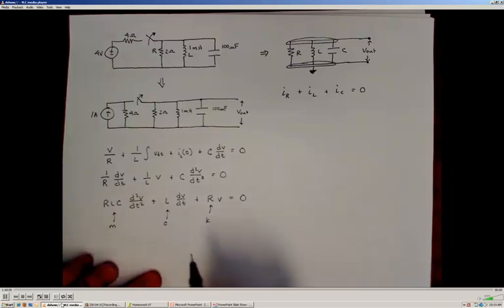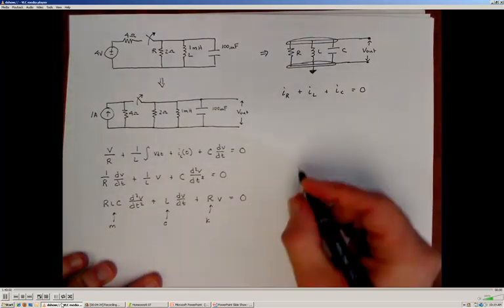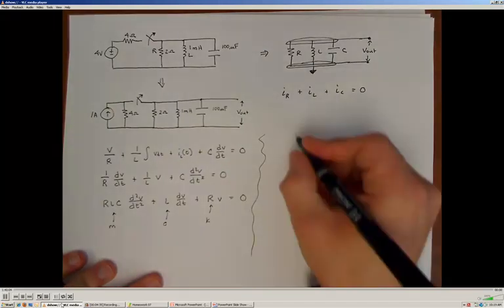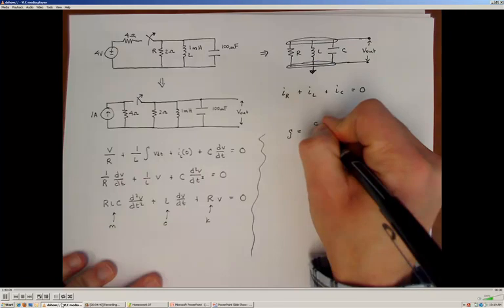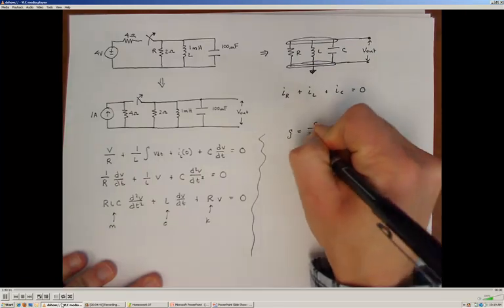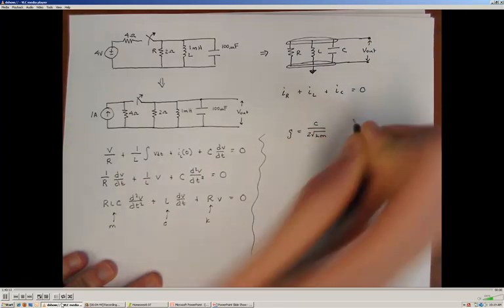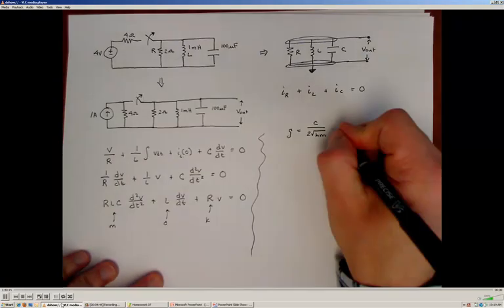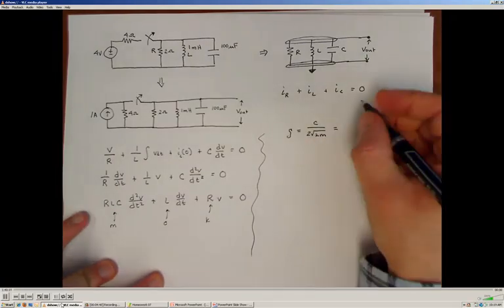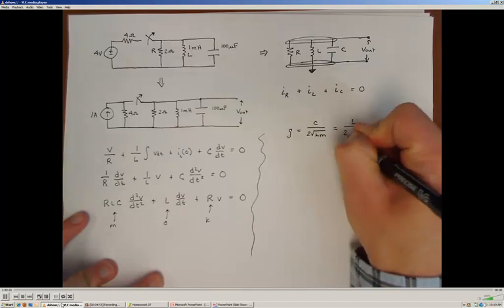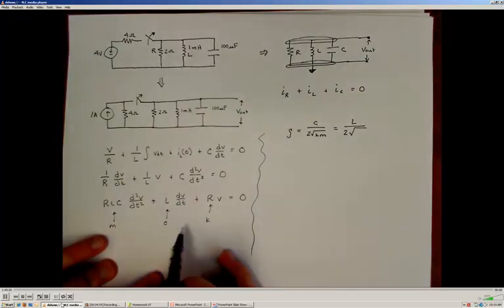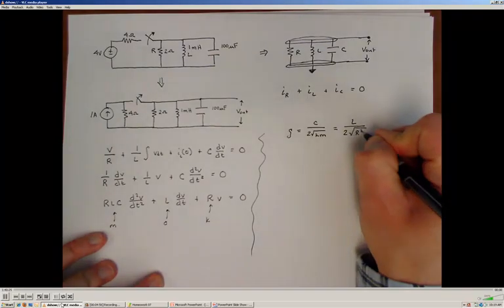The second order response is given by the damping ratio. The damping ratio, as we all know, is given from the general form as C over 2 times the square root of KM, which in our case, C is the inductance value, and K times M gives us R squared times LC.